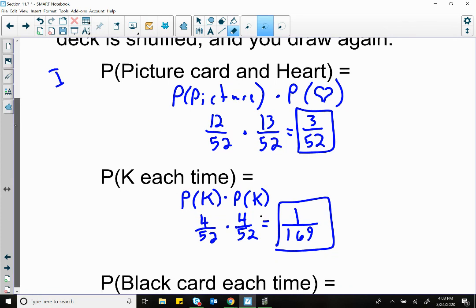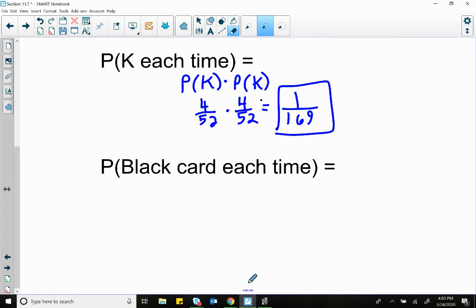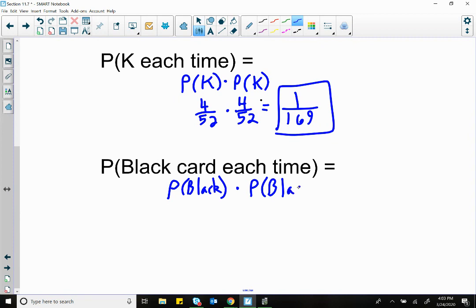So then the next one, a black card. Okay? Well, that means we want the probability of a black card. Usually I abbreviate it just BL. And then we want the probability of a black card. Well, how many black cards are there?